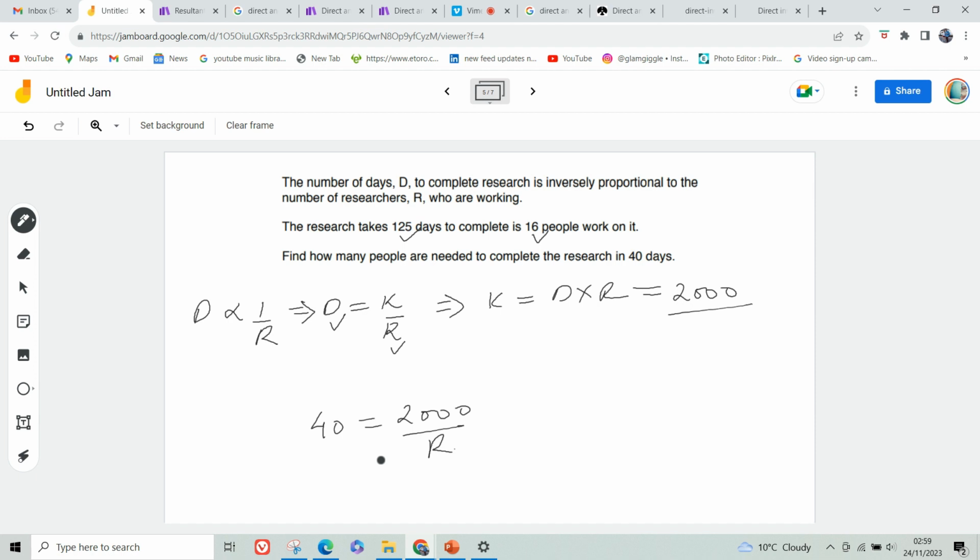Simply rearranging, R will be 2000 divided by 40, which is 50 researchers. So basically you will need 50 researchers if you want to finish the work in 40 days.